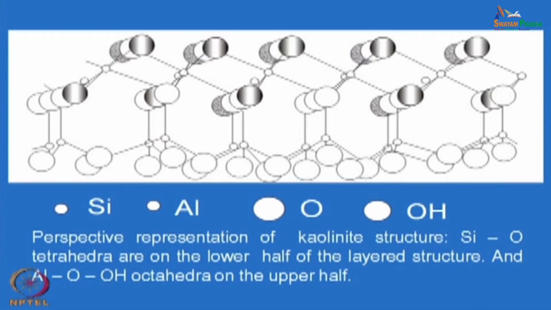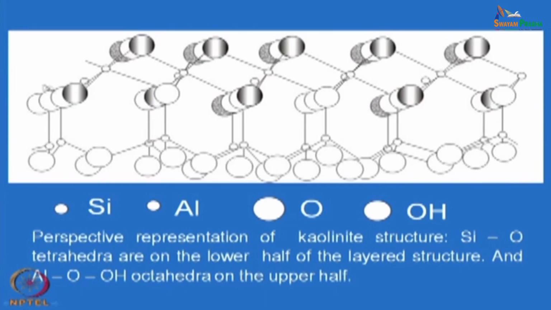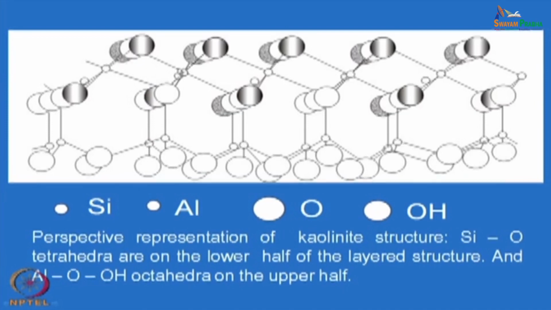So, both hydroxyl and oxygen together form the octahedron, and at the center of the octahedron the aluminum ion sits. So, you have an interpenetration, 2 layers are joined together. One is the tetrahedral layer of silicon oxygen, another is an octahedral layer of aluminum, oxygen and hydroxyl.